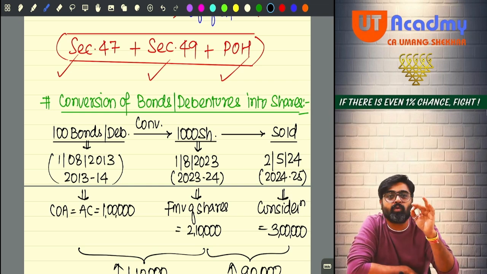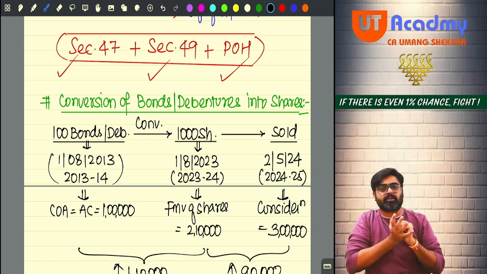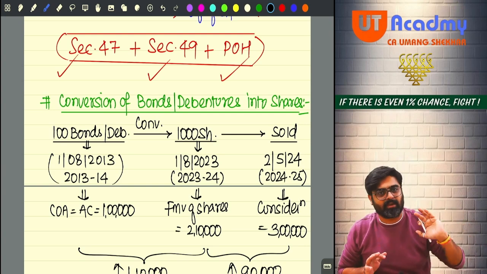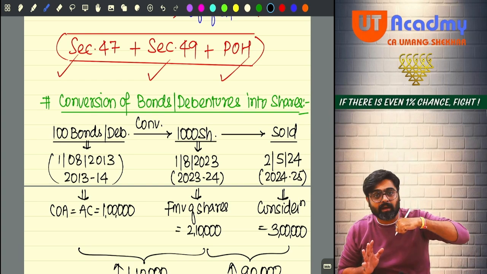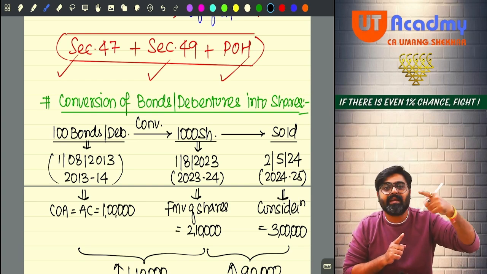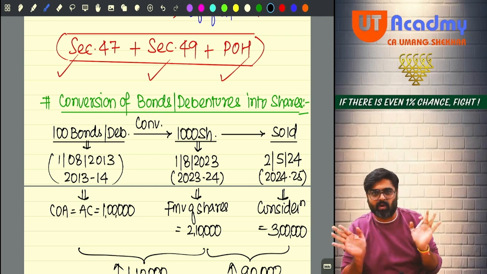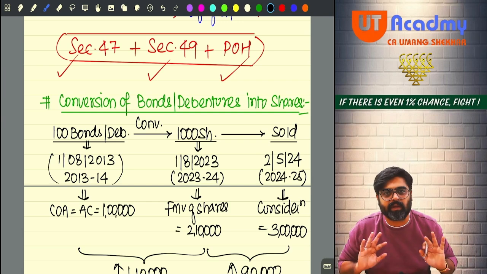So whenever you will sell these shares, did you acquire these shares from outside by paying money? No. So you cannot take actual cost. Actual cost you take for those assets which you acquire by paying money. Did you pay the money to acquire the shares? No. You did not pay. So actual cost don't take.